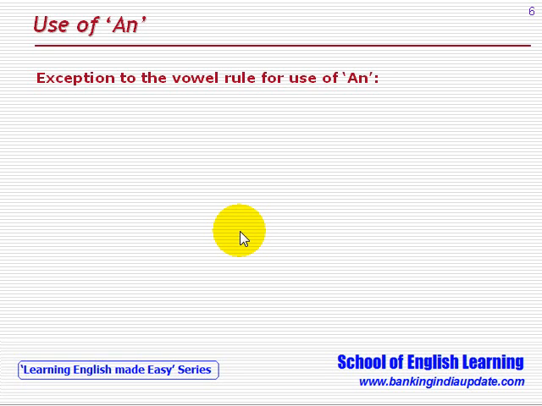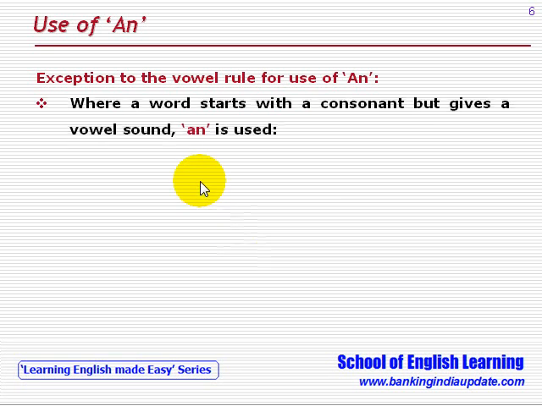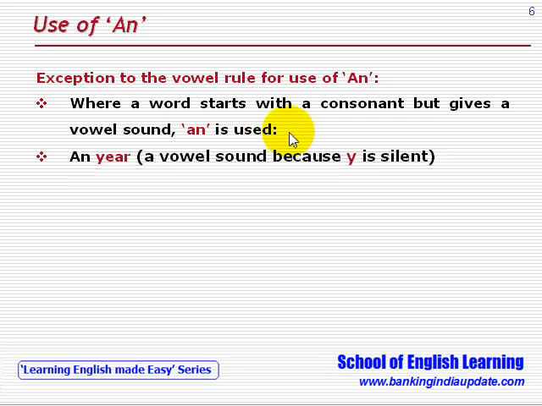Now exception to this vowel rule for use of an. Where a word starts with a consonant but gives a vowel sound, an will be used. For example, an ear. Here the word starts with Y, a consonant, but the sound is a sound of a vowel because Y is silent here.